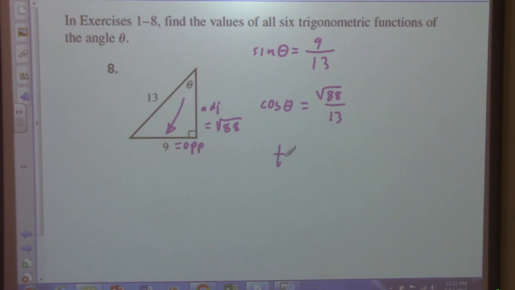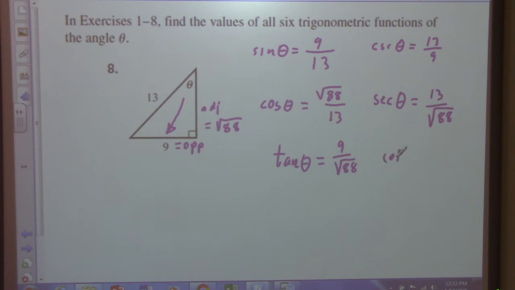And tangent equals square root of 88 over 9. Okay, and then your cosecant is 13 over 9. And then our secant's going to be 13 over square root of 88. And then our cotangent is going to be square root of 88 over 9.